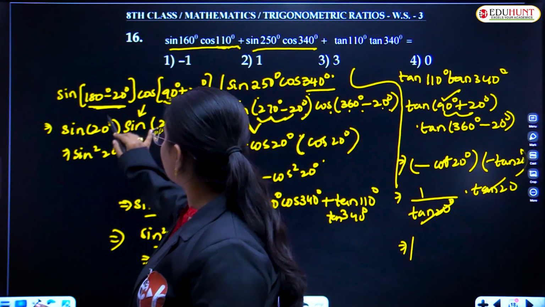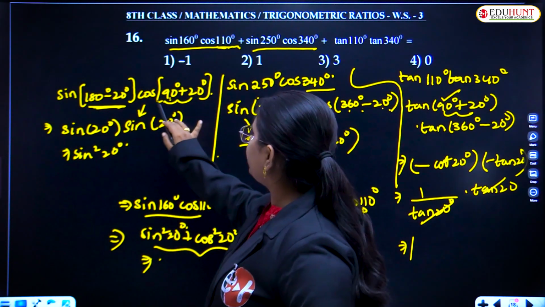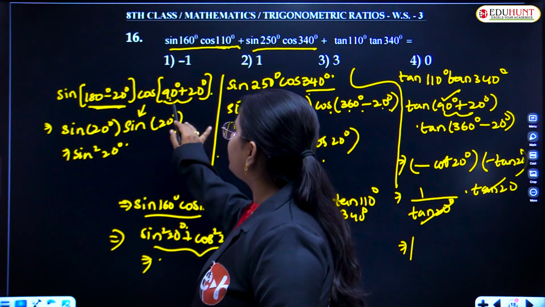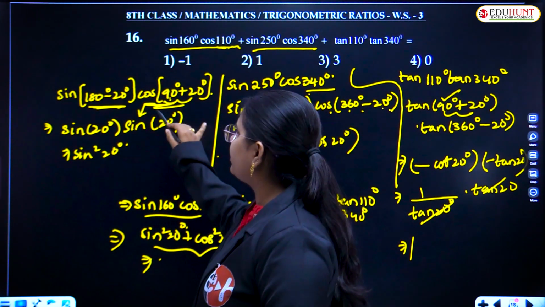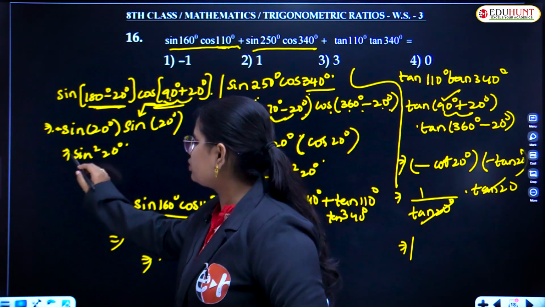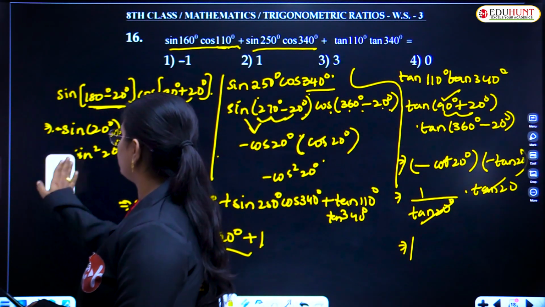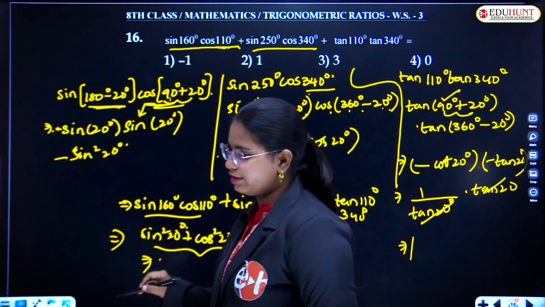So sin is positive here. So as usual, sin 20. Next, cos(90 plus 20). This should be negative, right? Cos is negative in the second quadrant, so it should be negative. Yes, minus sin square 20 degree, right?